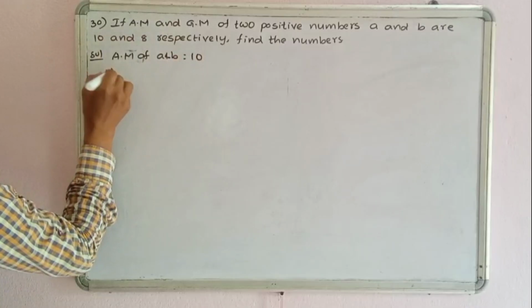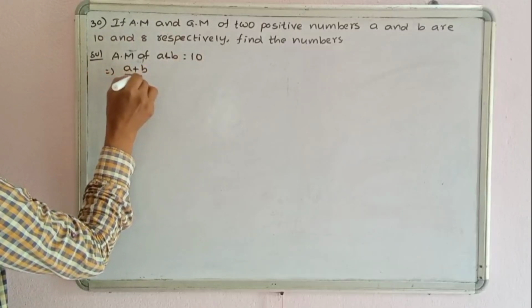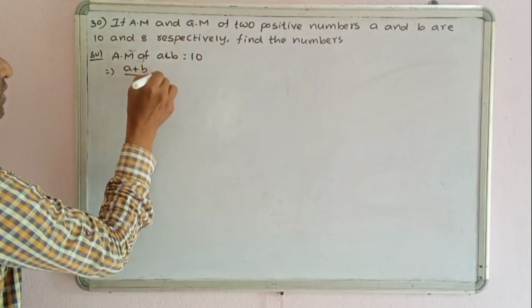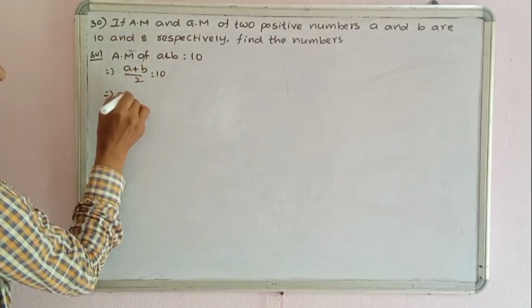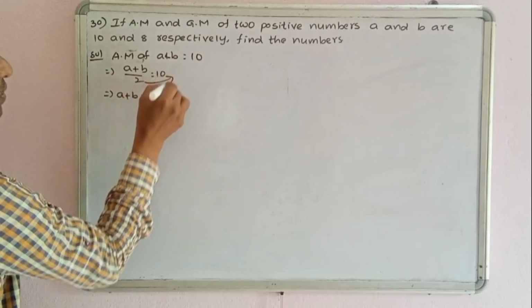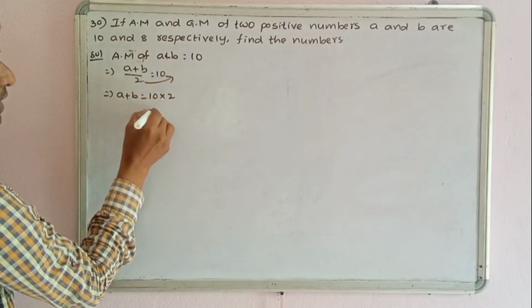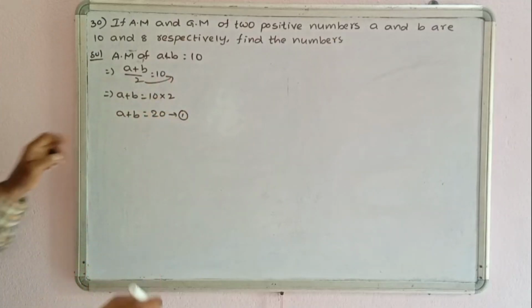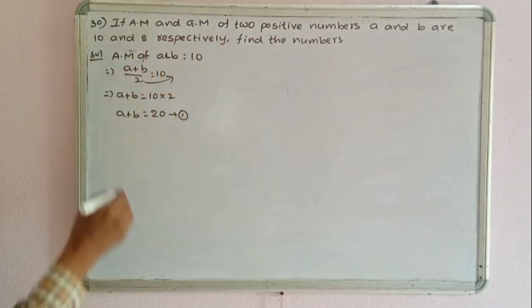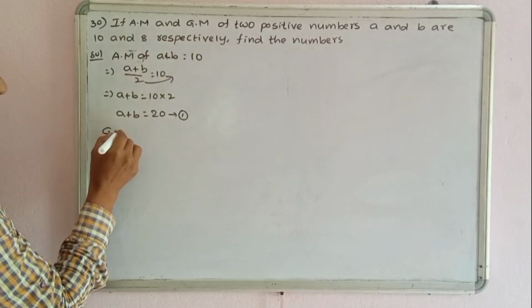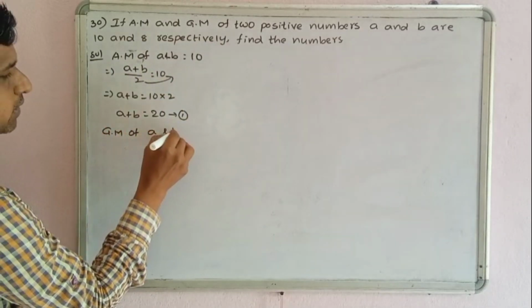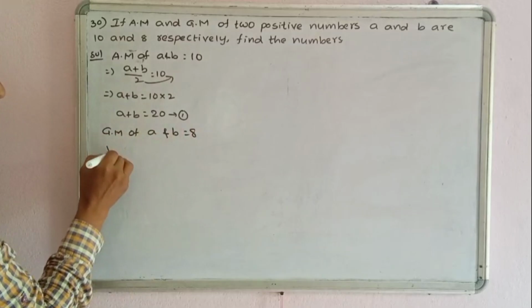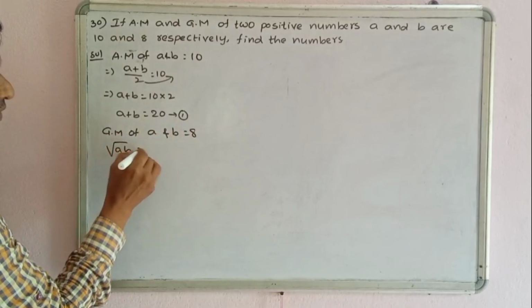So what is the arithmetic mean? A plus B by 2. Formula: A plus B by 2 equals 10. So A plus B equals 10, transpose 2 to the right side and multiply with 2. So that is 20. A plus B equals 20. Okay. Geometric mean of A and B is given, that is 8. Geometric mean formula: square root of AB equals 8.